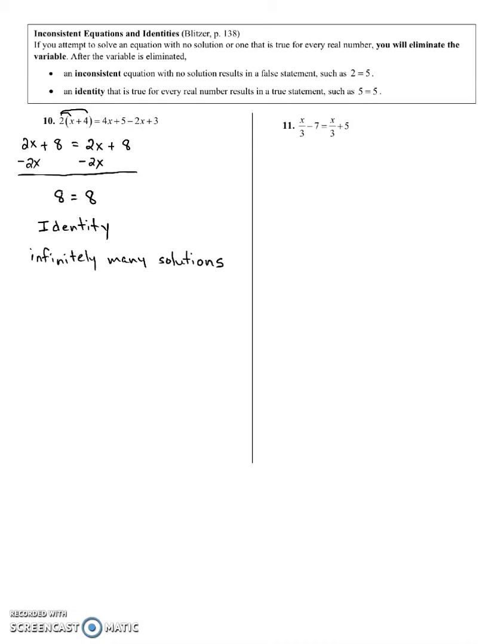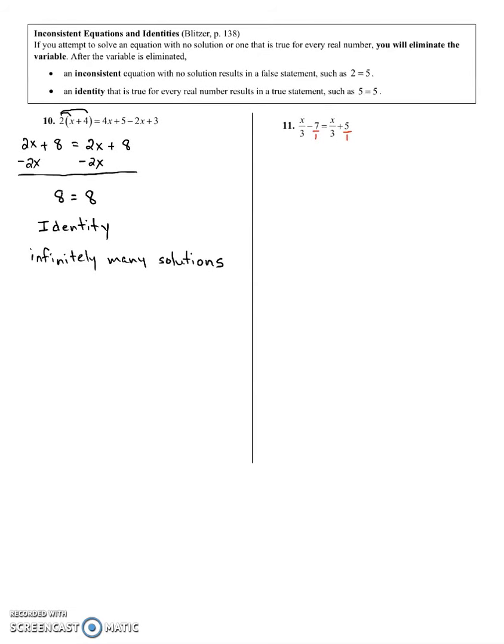Okay, now that you have hopefully attempted to do number 11 on your own, we have x over 3 minus 7 equals x over 3 plus 5. Remember, these plain old numbers have 1 in the denominator.